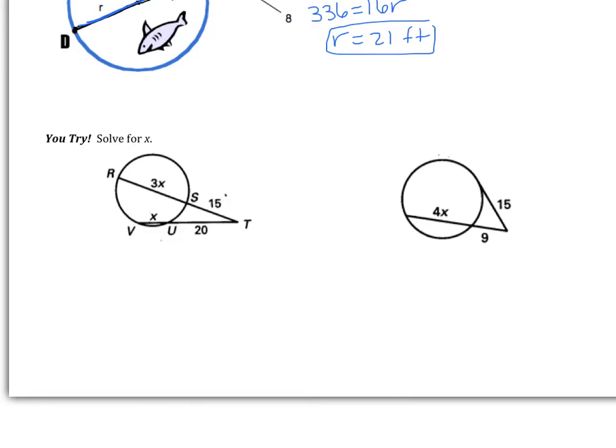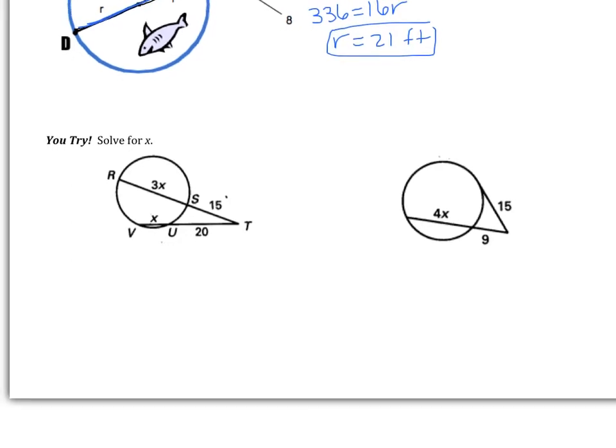In the first example, the vertex is outside the circle, so I'm going to do outside times whole. Looking at the first secant, the outside part is 15. The whole is going to be 15 plus 3x. Looking at my other secant, the outside is 20. The entire is 20 plus x.